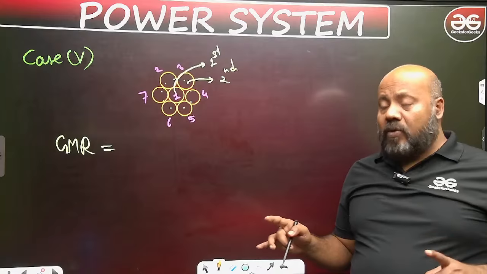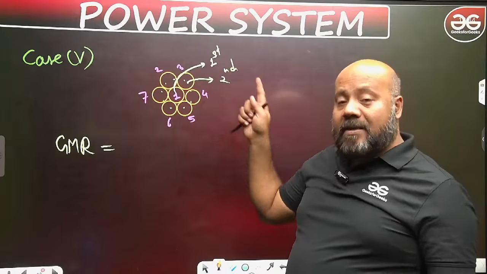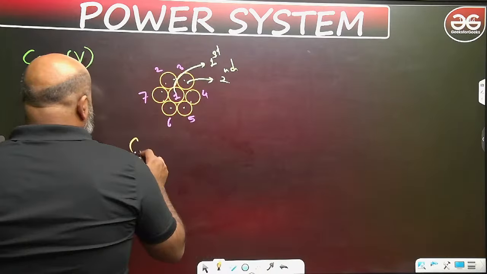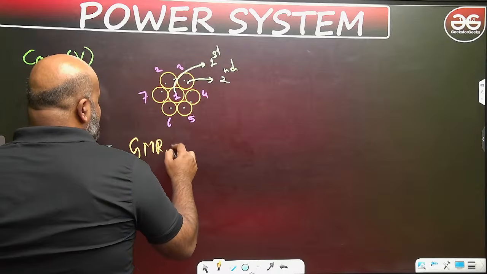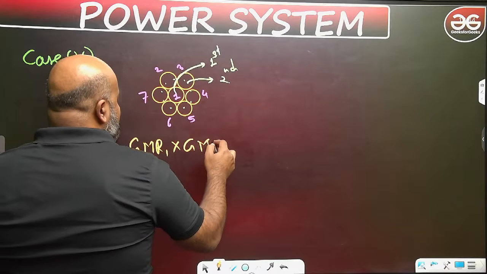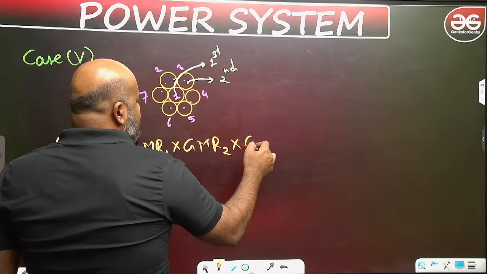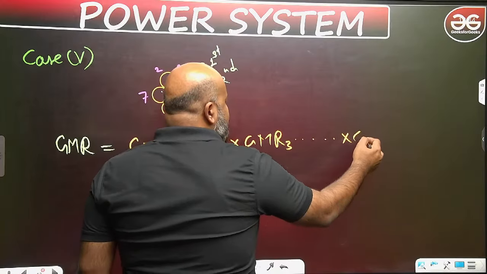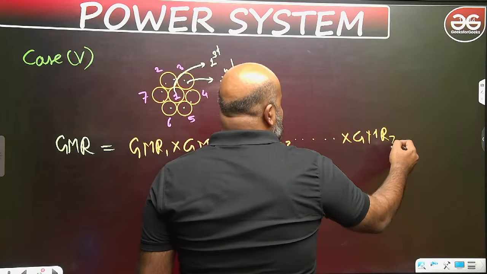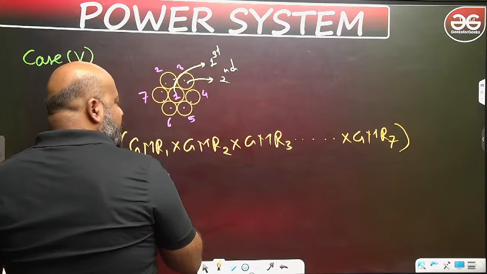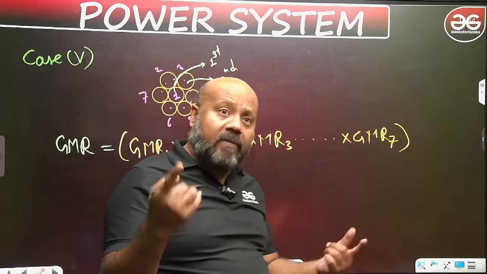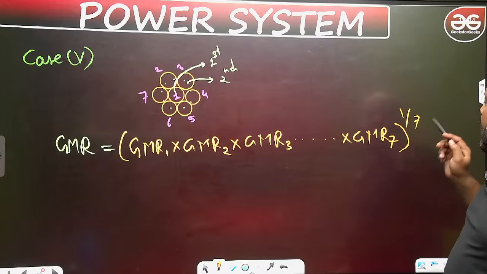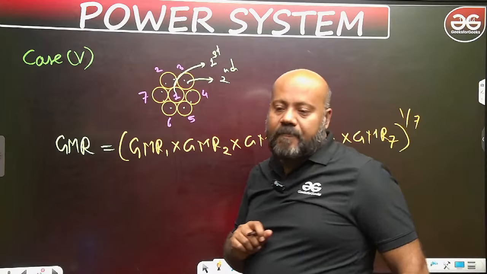So what I am going to do is find the GMR for all these 7 strands and then take the geometric mean. So I can write GMR1, GMR2, GMR3 up to GMR7. How many GMRs am I having? 7. How many GMRs do I need? 1. So what is the effective root? 1 by 7. Are you getting this?